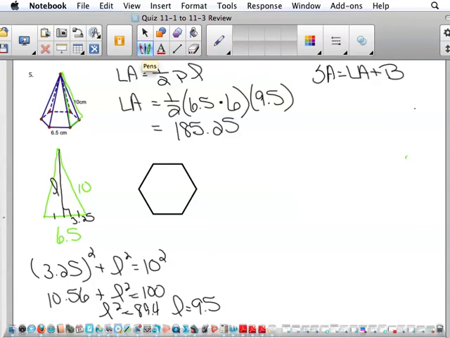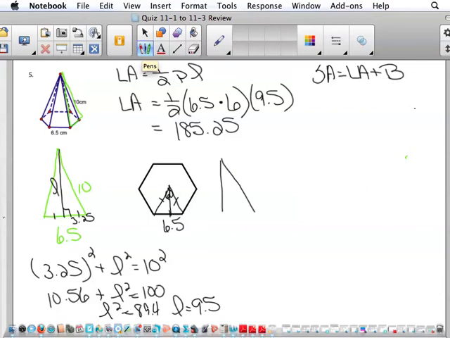I will construct my central angle. Now this is a regular hexagon, so you can use special right triangles or you can use the trig ratios. You don't have to keep it in simplest radical form. If you choose special right triangles, you can change that. Okay, so I know that this is an equilateral triangle, meaning each of these central angles is 60 degrees.